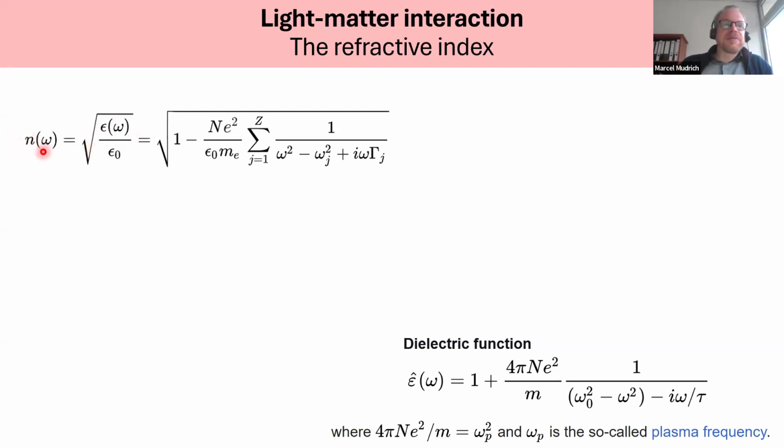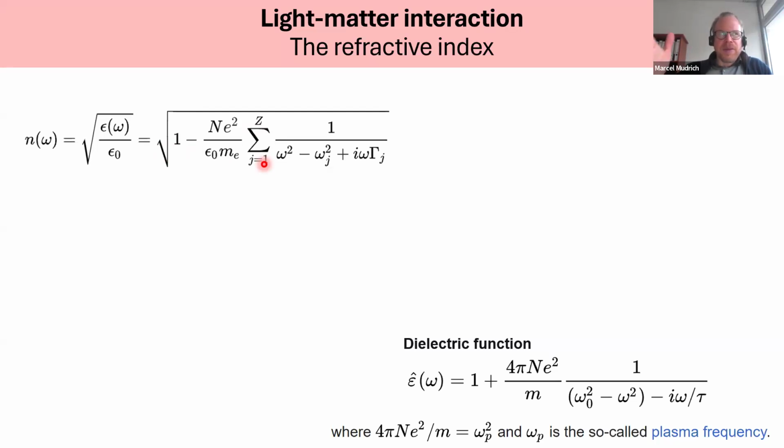So if we remember this is our Lorentz oscillator resonance term here, we get this expression, the square root of 1 minus, and here is a sum now. There's a sum because, to make it a bit more realistic, we assume that there's not only a single oscillator, but possibly many oscillators.